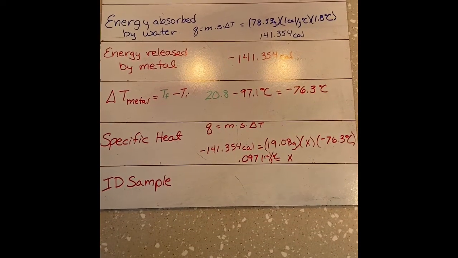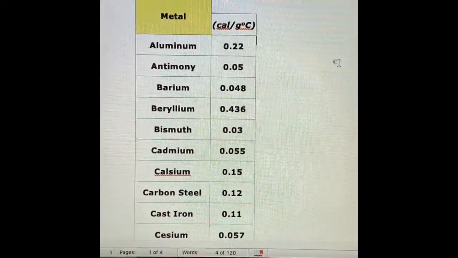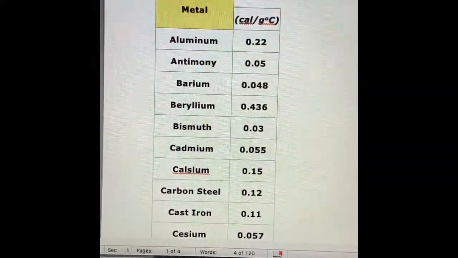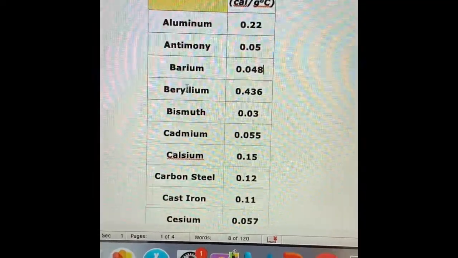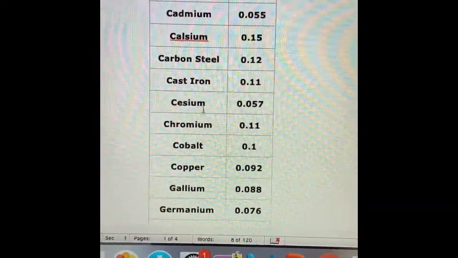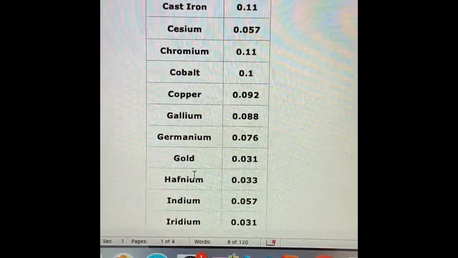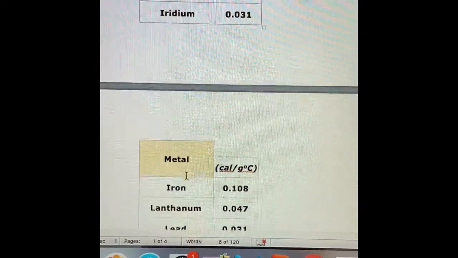Now we need to compare that to a chart to determine the identity. Knowing that our metal sample was 0.0971, we can look through this list and determine what our sample possibly could be. Could be copper, but that didn't really match color-wise. Could be iron, that's a little high.